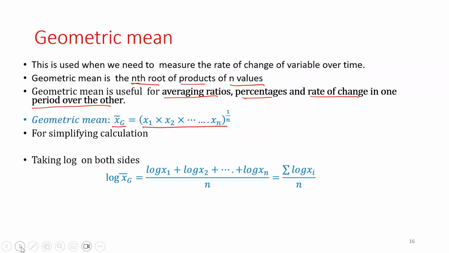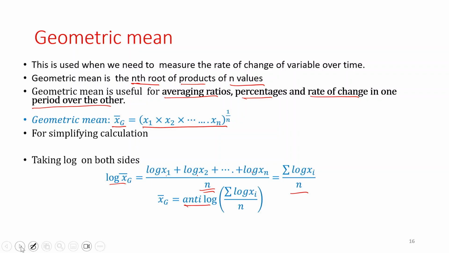So the simple way is to take log. If you take log, log of xg equals log of x1 plus log of x2 up to log of xn divided by n, and it becomes sigma log xi by n, and therefore x bar g becomes antilog of sigma log xi by n. That is how we can quickly calculate and find out the geometric mean.